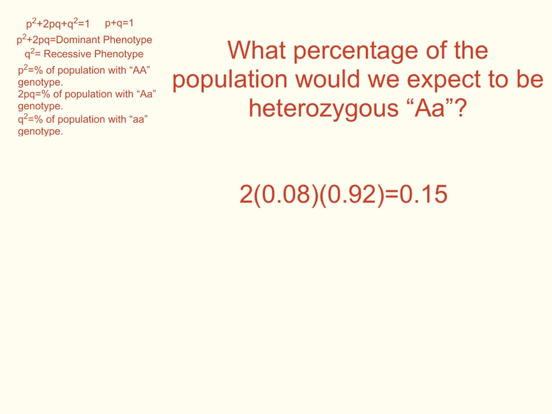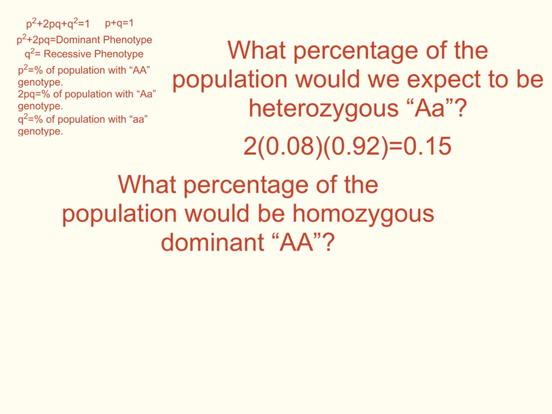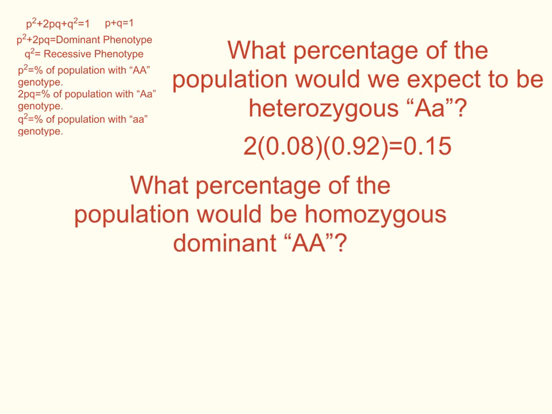One last question that we'll answer is, what percentage of the population would be homozygous dominant, big A, big A? It's pretty simple to find this answer, but it's also simple to make the mistake of thinking, oh, that's just P. We already calculated P, so the answer is 0.08.